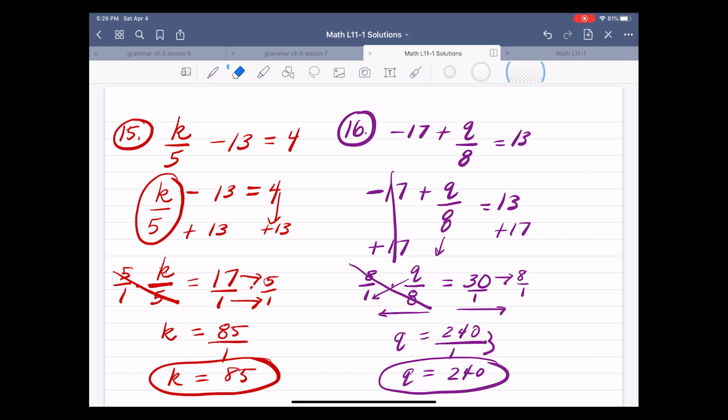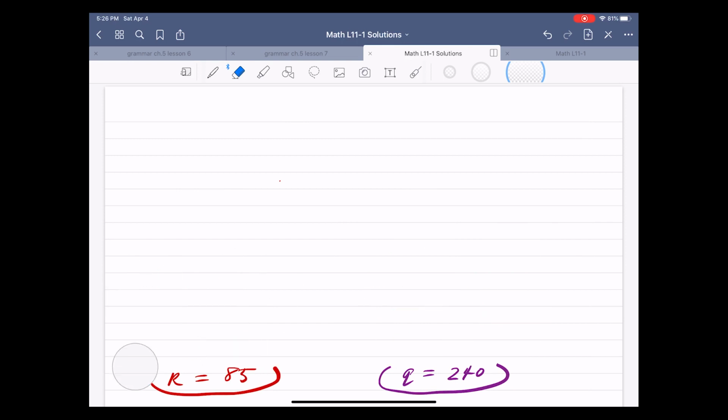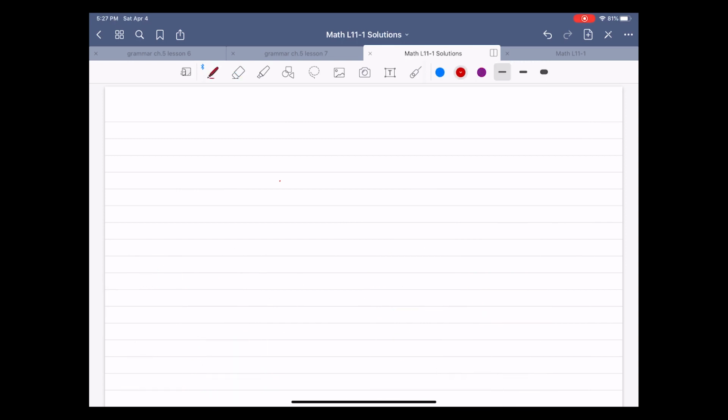17. Number 17. 24 equals m over 10 plus 32. I'm going to rewrite my problem.